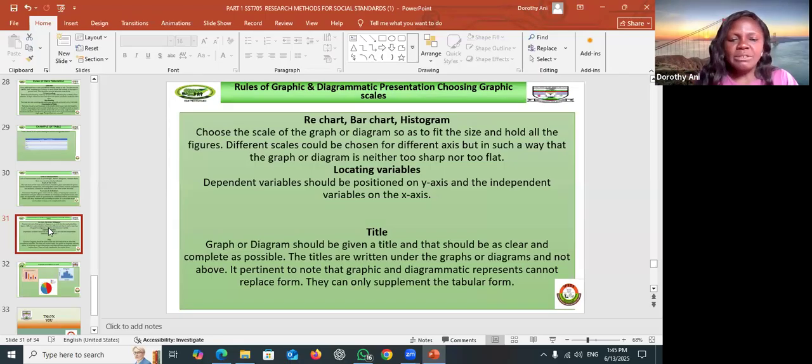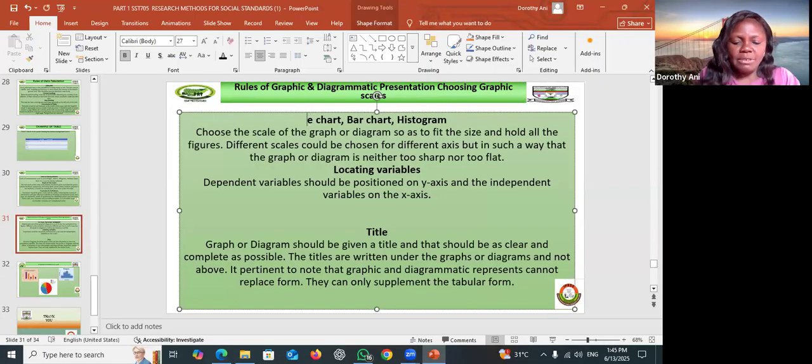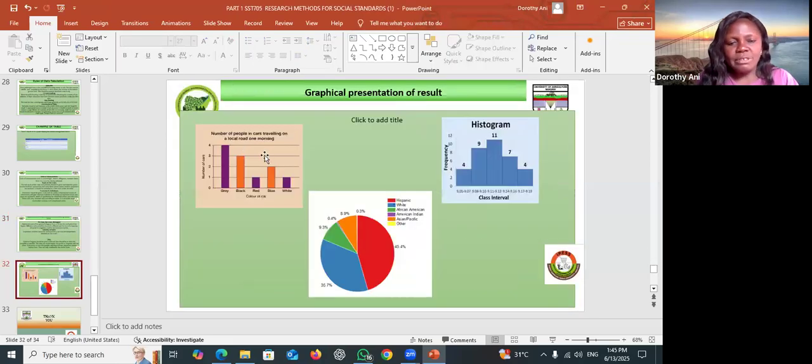You can present your data in charts, in bar charts, in pie charts, or histograms. All of these are ways that we can present our work. Just like what we have here, this one is a typical example of a bar chart.